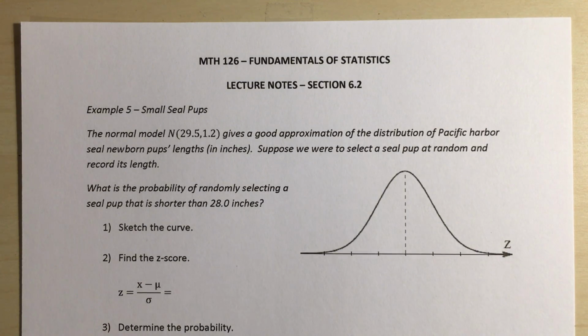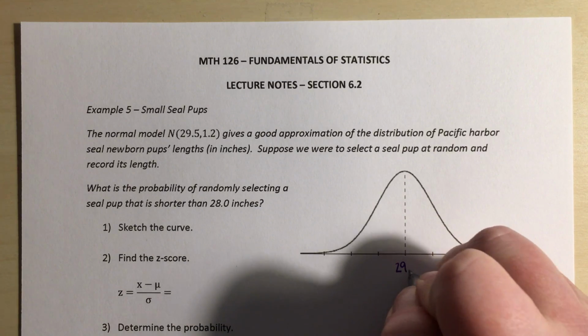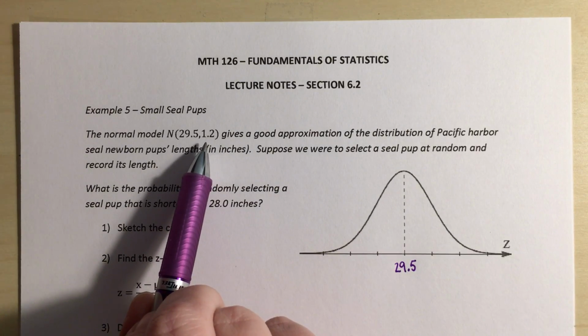All right, so first thing we're going to do is go through and label our curve. 29.5 is our mean, and then our standard deviation is 1.2.